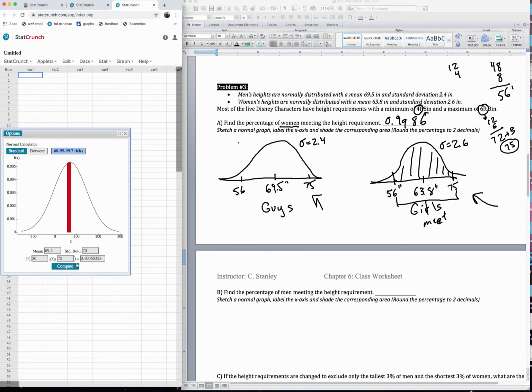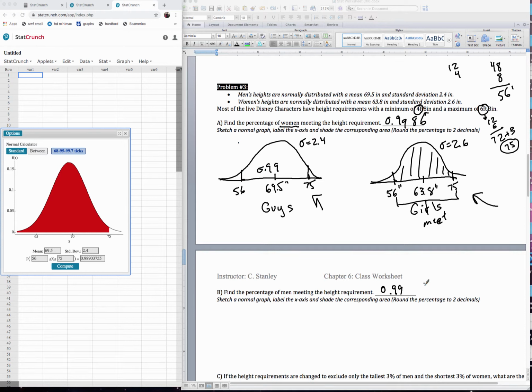I got something wrong here. This is better. 56 to 75, 69.5, that's over here. 2.4, that's over here. And I'll just do 0.99 for this one.